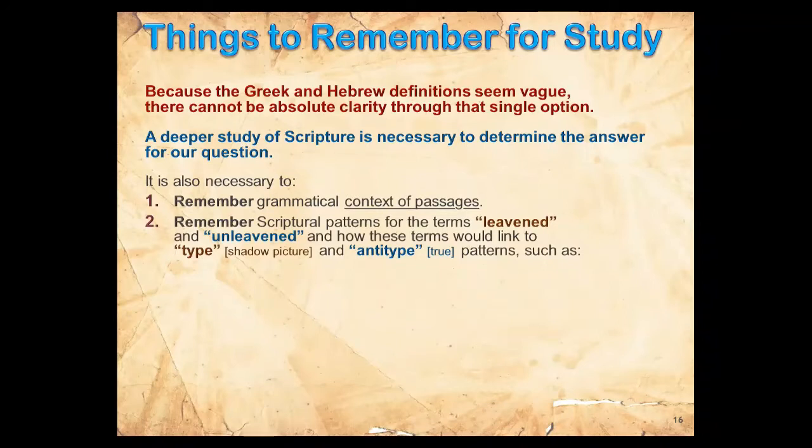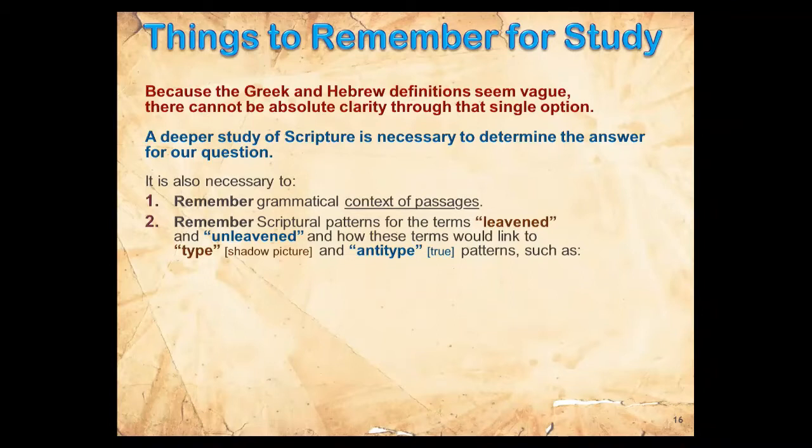We need to remember the scriptural patterns for the terms leavened and unleavened, and how these terms would link to type and antitype patterns. And remember that the type is a shadow picture, like the Passover lamb in Exodus 12 was a shadow picture of Yahusha as the antitype. Yahusha is the true.